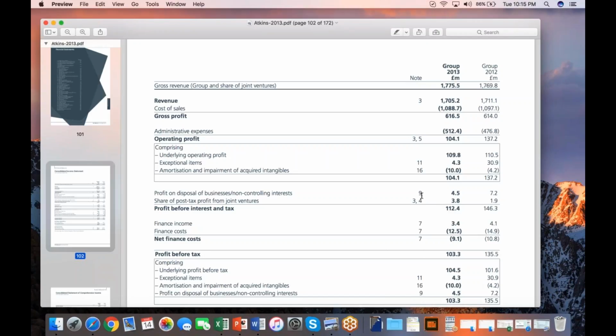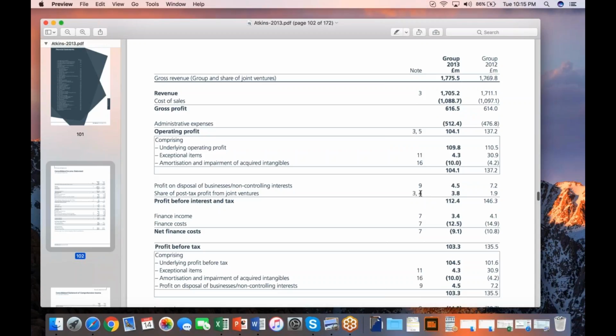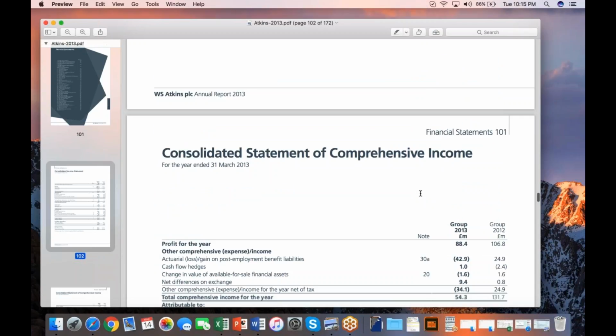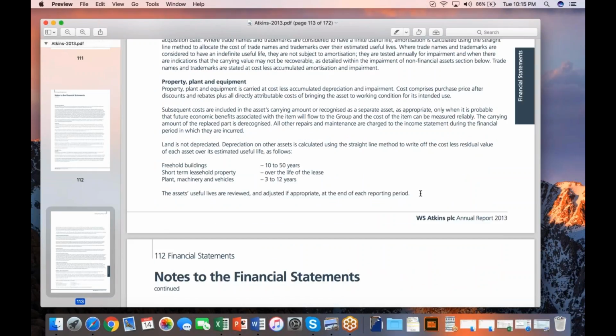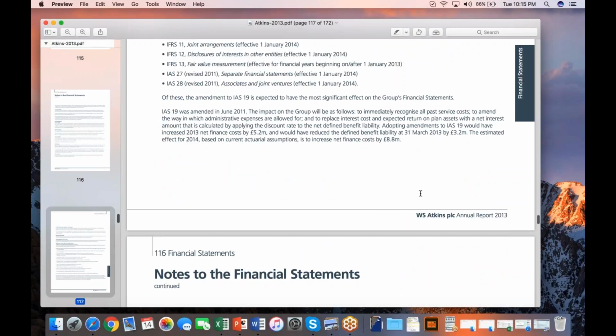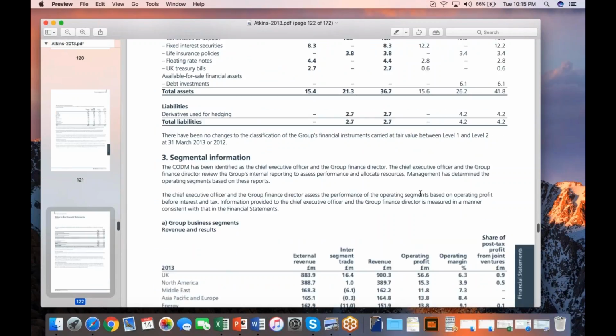If I go to note number 9, because I want to qualify whether these two line items are in other income or not. Here is number 9.